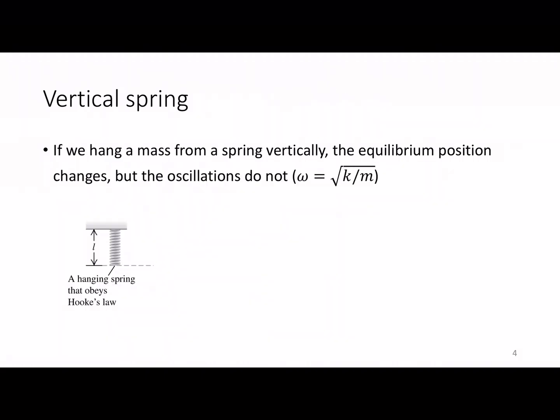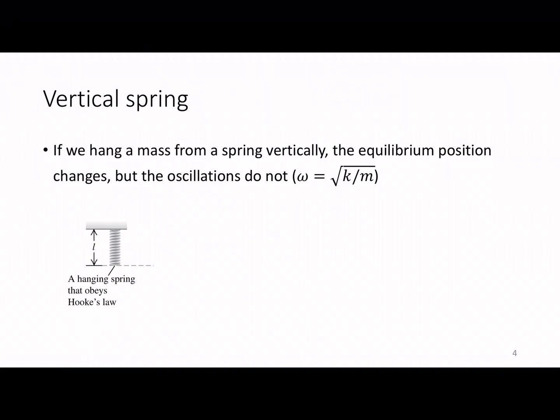So let's start by talking about springs again, but now a vertical spring. So instead of having our spring placed on a horizontal table, we're going to hang a mass vertically. And what we're going to see is that the oscillations actually are completely the same. So consider the following situation.